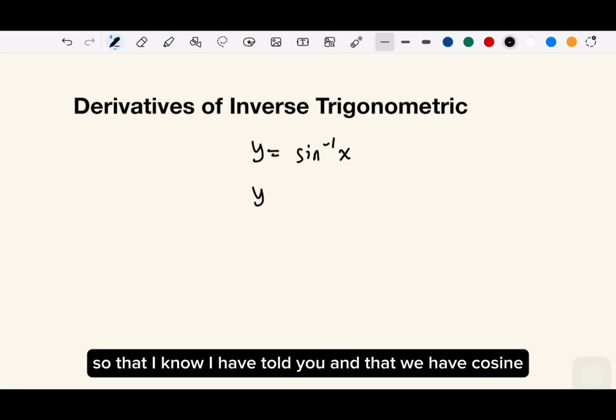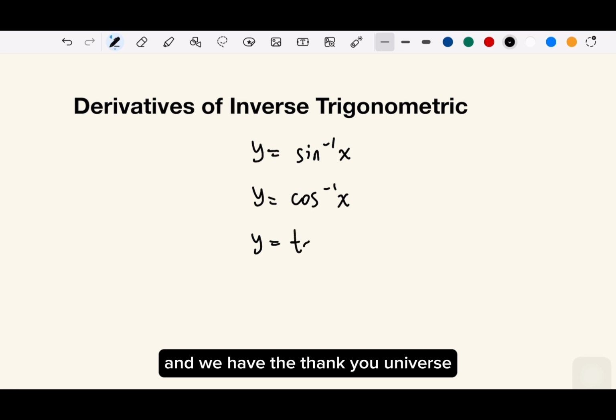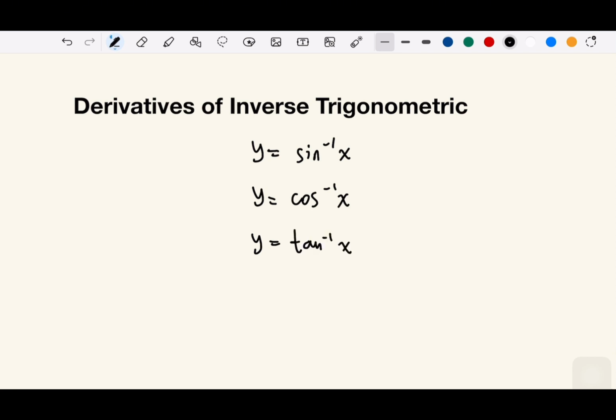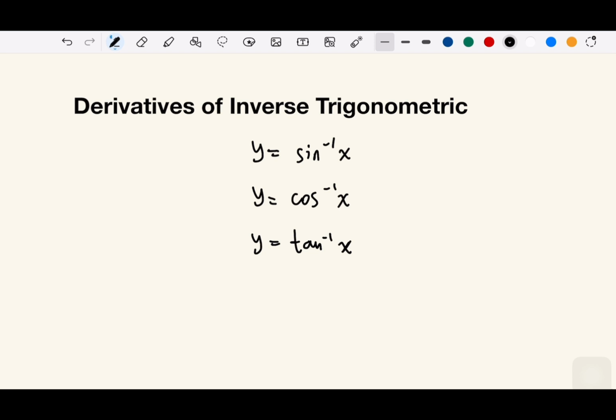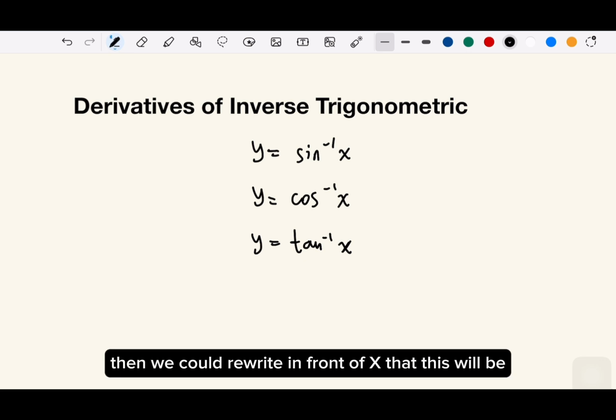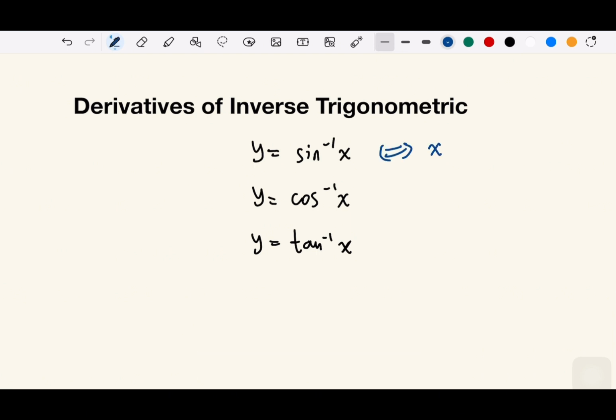And then we have cosine, and we have the tangent inverse. So what does inverse mean? Inverse means that we are interchanging domain and range, right? So if we have this, then we could rewrite in terms of x that this will be x equals sine y.